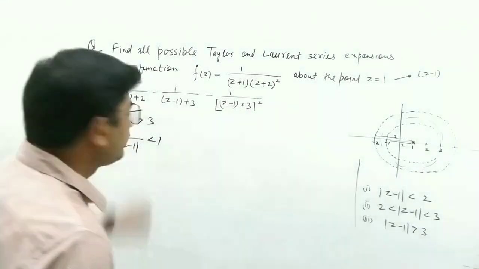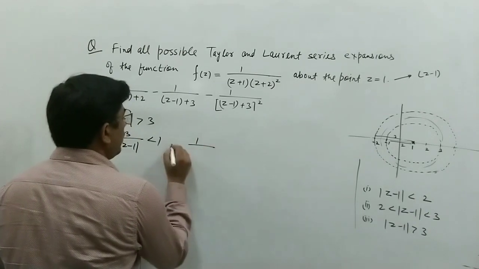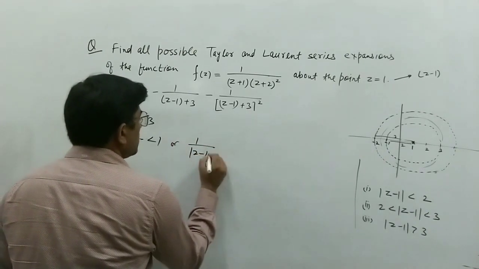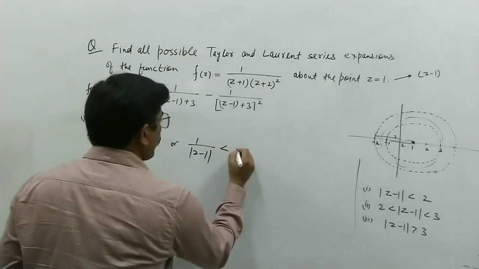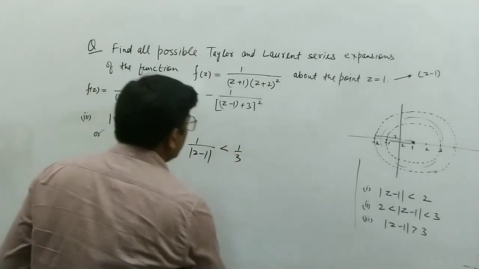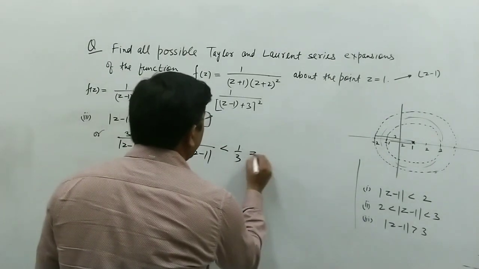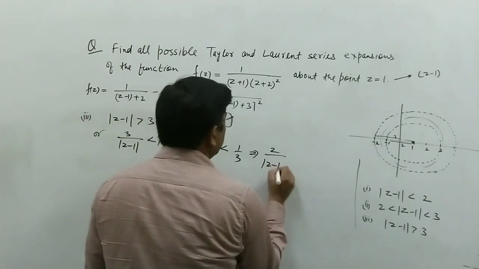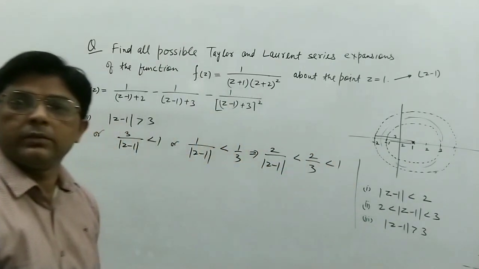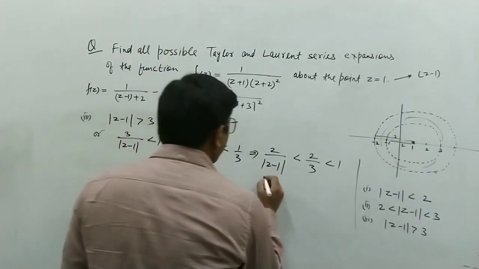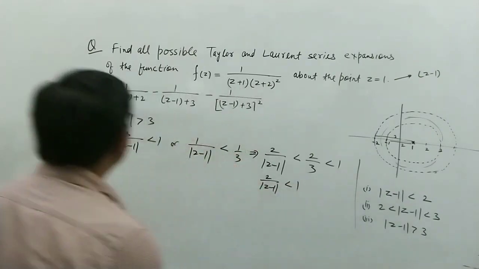Also for this term we will write 1 upon mod z minus 1 less than 1 by 3, and when we multiply by 2 on both sides we will get this 2 upon mod z minus 1 is less than 2 by 3, and since 2 by 3 is less than 1, so we can write this as 2 upon mod z minus 1 less than 1.